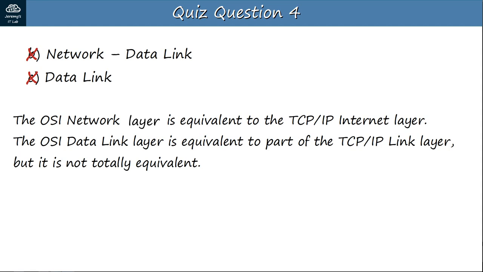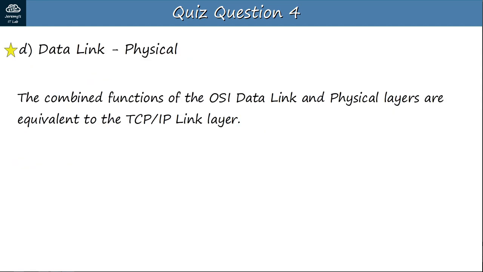So B, network and data link layers, and C, data link layer, are incorrect. The combined functions of the OSI data link and physical layers are equivalent to the TCP/IP link layer. So D, data link and physical layers, is the correct answer. Let's go to the last quiz question for this video.